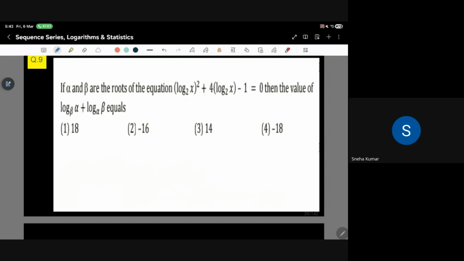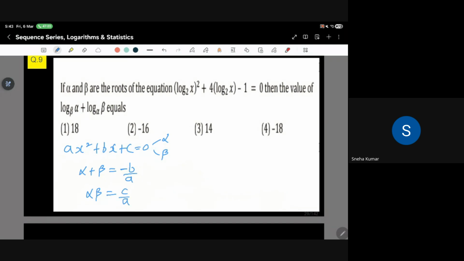Now, see, if you have a quadratic like ax square plus bx plus c equal to 0, which has roots alpha and beta, you will write the sum of the roots as minus b upon a, and the product of the roots as c upon a, right?